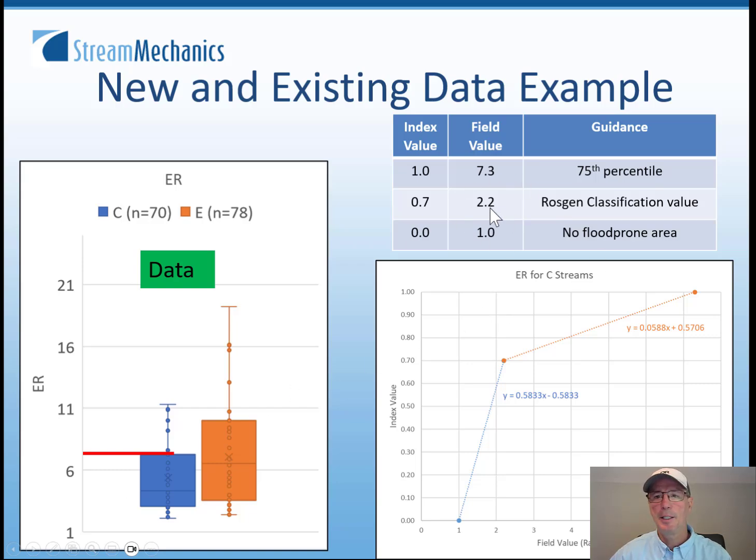This particular team said we're going to set the 0.7 at a 2.2, which is the Rosgen classification value, and anything below that would begin to change the stream type and impair functionality, was their logic. And then they set the 0 at a 1.0, meaning the floodplain width is equal to the channel width, therefore there is no floodplain and there is no function.